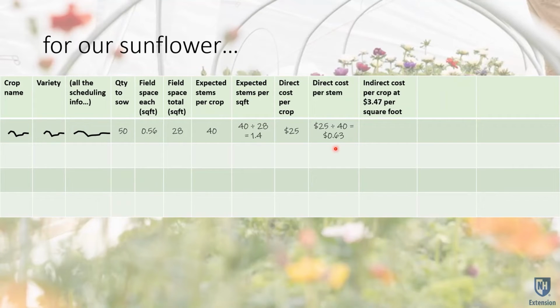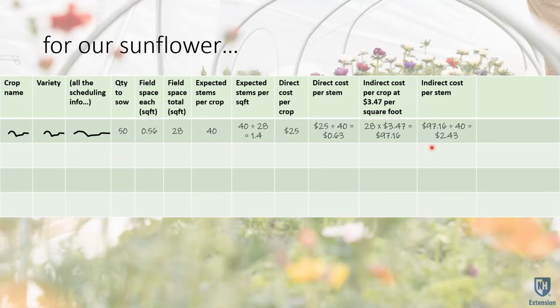Now in our last slide, we saw that this imaginary farm costs $3.47 per square foot in indirect costs. So if I'm growing 28 square feet at that price, this is the indirect cost to grow this one crop. So I divide that by the number of stems, 9716 divided by 40 stems.